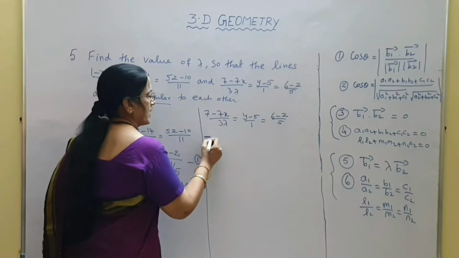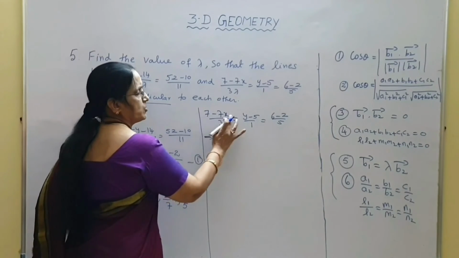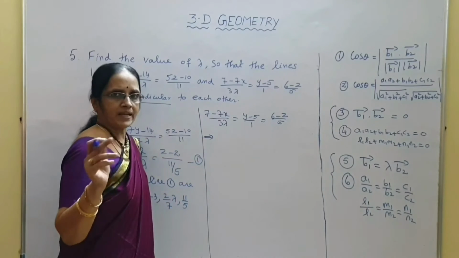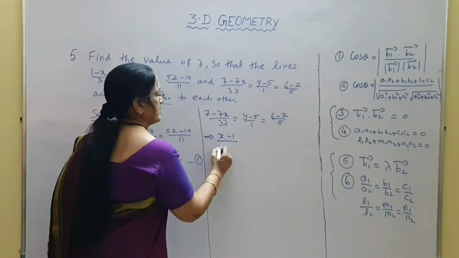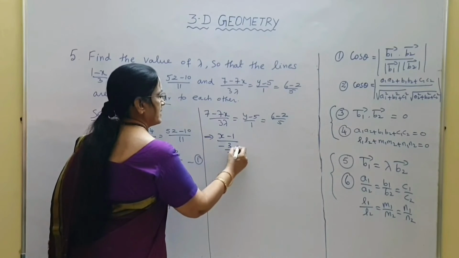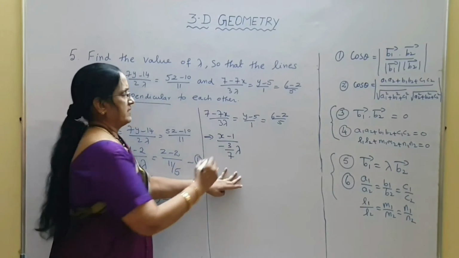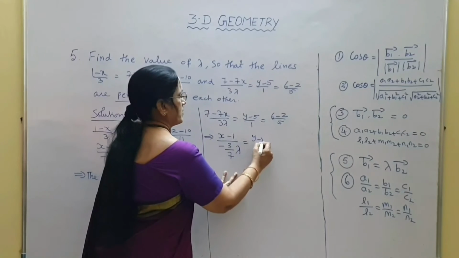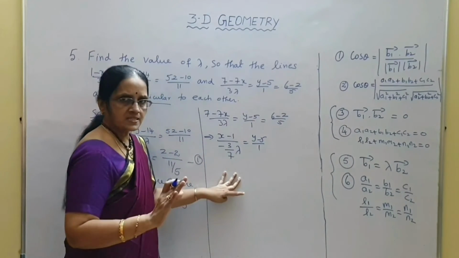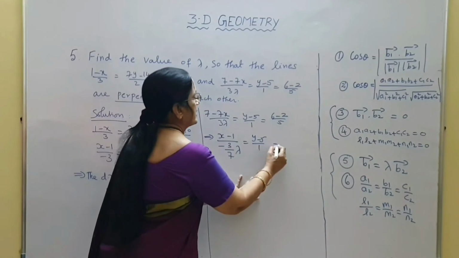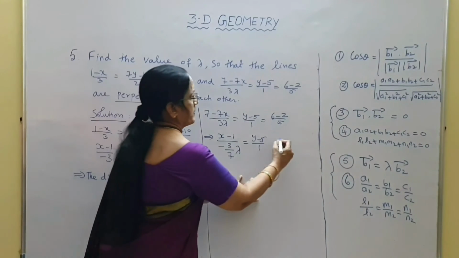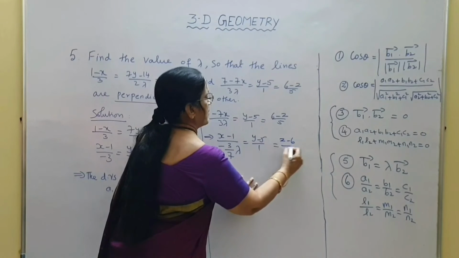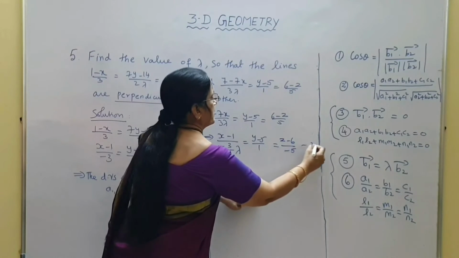So this implies I can divide the numerator and denominator by minus 7. I will be getting x minus 1 by minus 3 by 7 lambda. Then y minus 5 by 1, let me write as it is, no change in that. Here I can multiply the numerator and denominator by minus 1. So I will be getting z minus 6 by minus 5. Let me name this as 2.